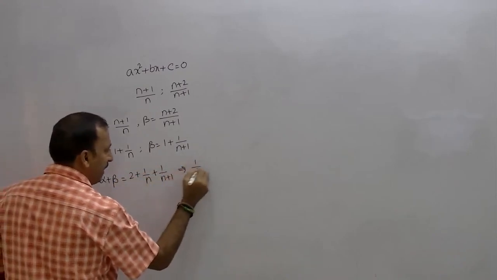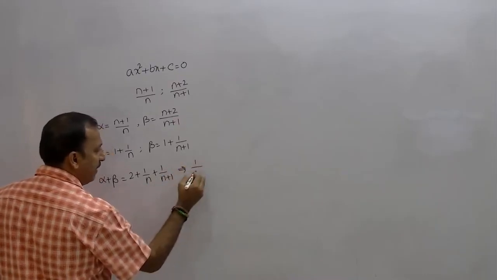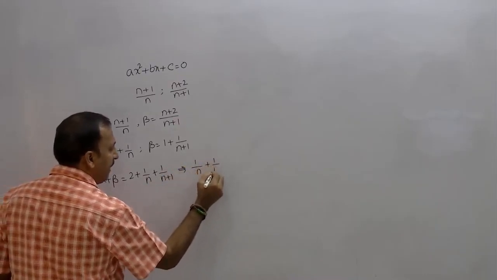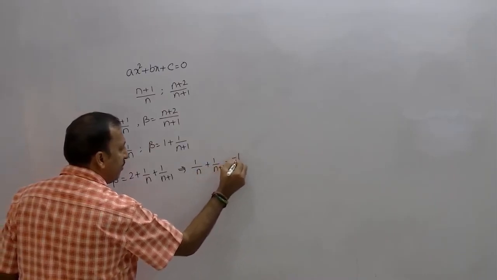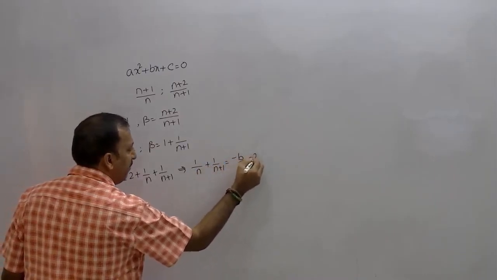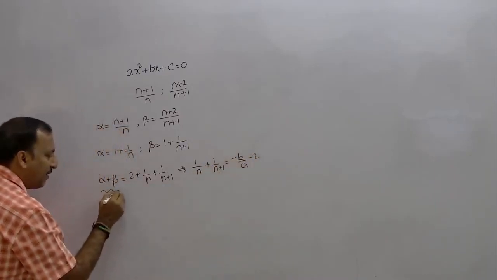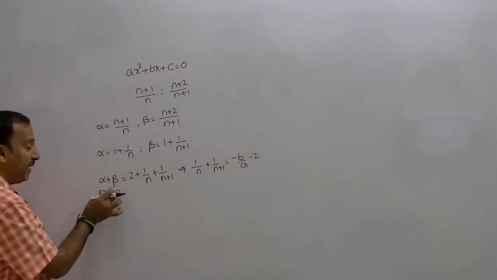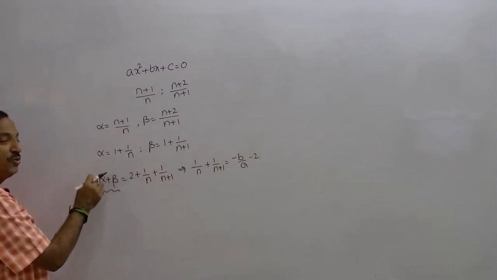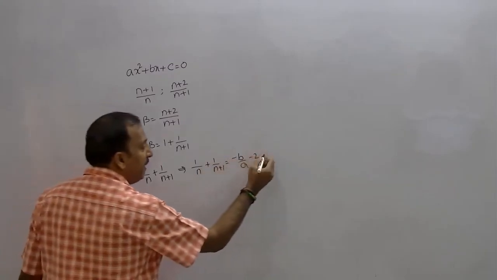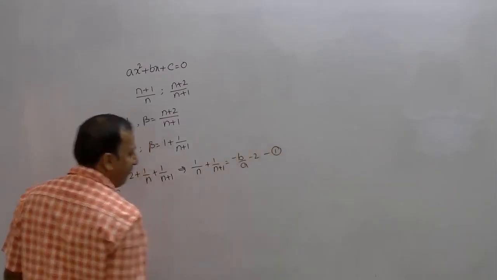From this, we can write 1 by n plus 1 by n plus 1 is equal to minus b by a minus 2. See, alpha plus beta is the sum of the roots, minus b by a, and bring this 2 to the left hand side, minus b by a minus 2. Say it is equation 1.